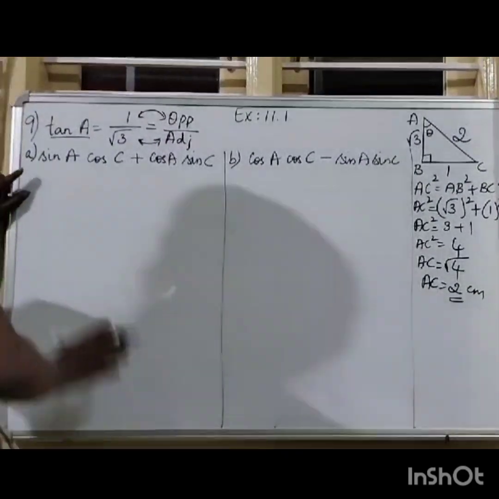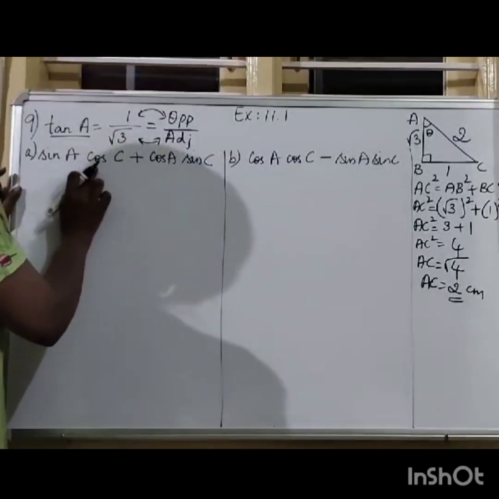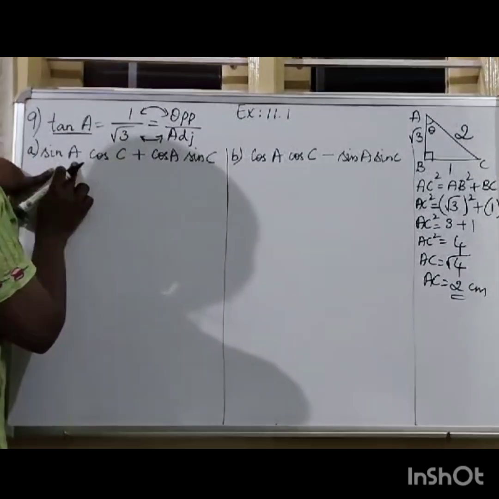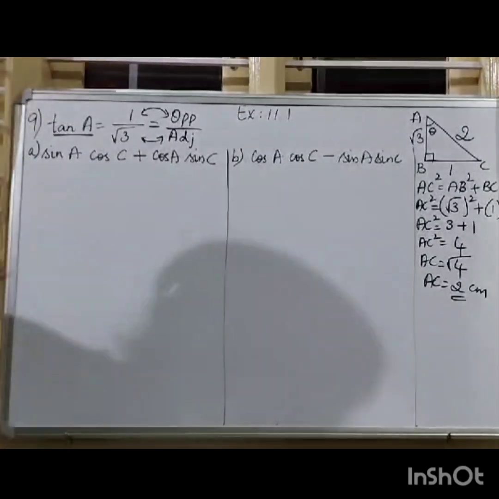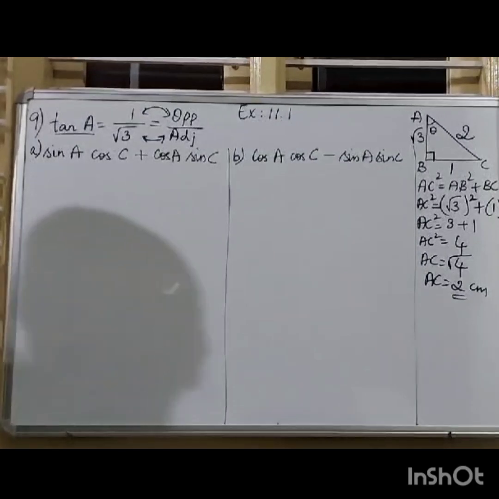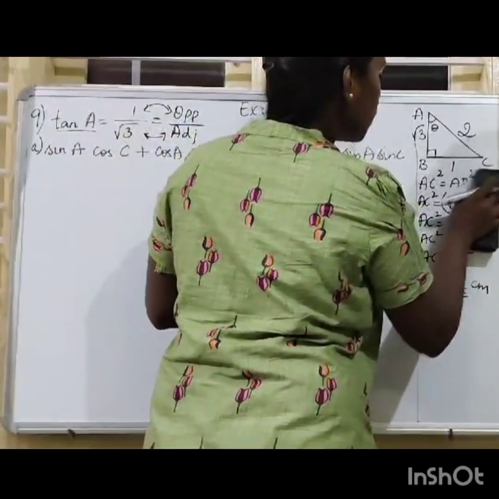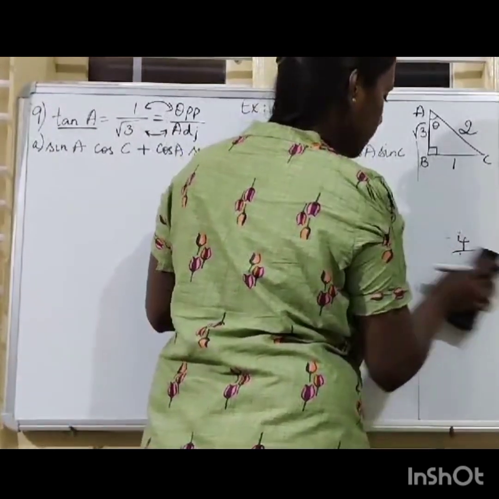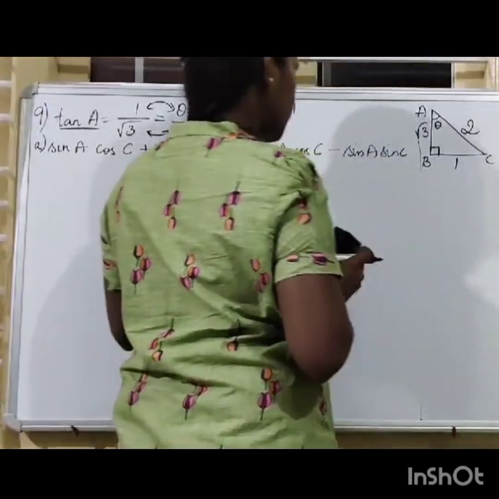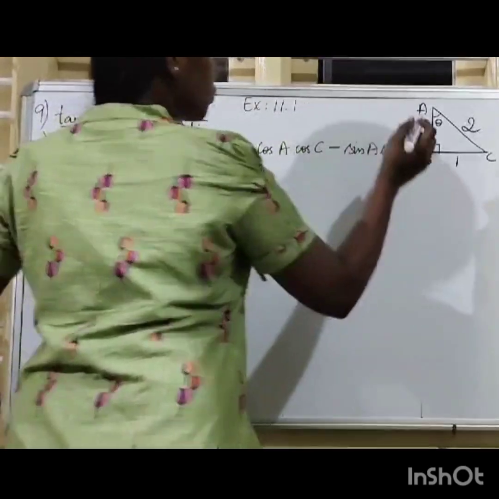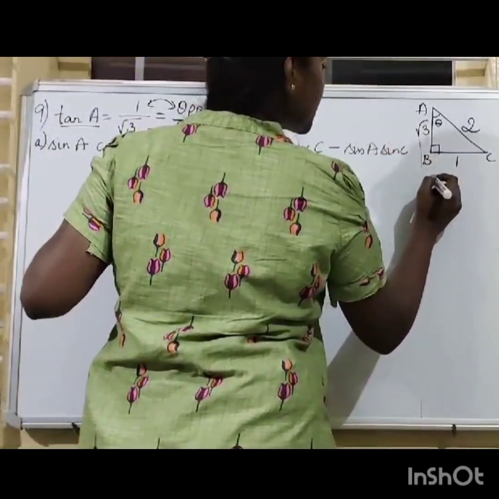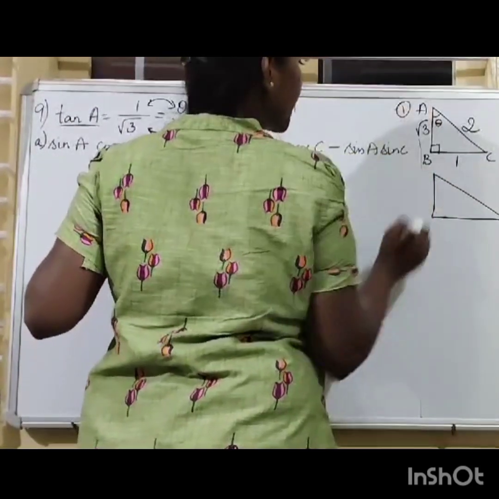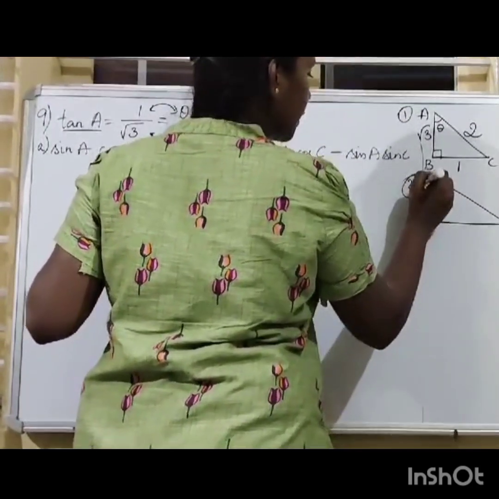So now our first sub question is sin A cos C plus cos A sin C. So first we have to find out what is sin A and cos C. For this, let us consider two right angled triangles. This is our first right angled triangle. This is our second right angled triangle.